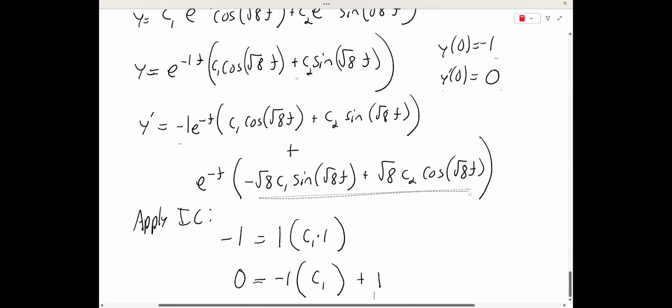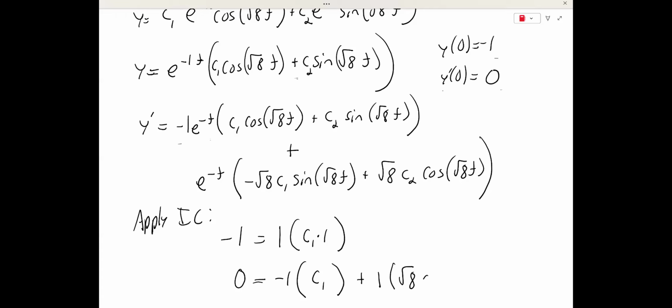And then this would go and this would stay. Actually, I did miss this. Did I miss a square root of 8 somewhere? No. Okay, this would go, this would stay. I think it's something like that.